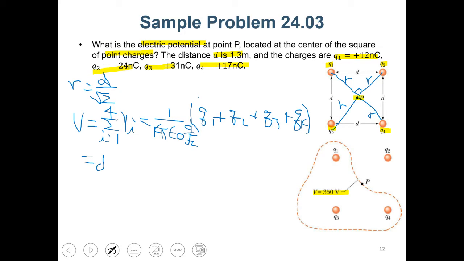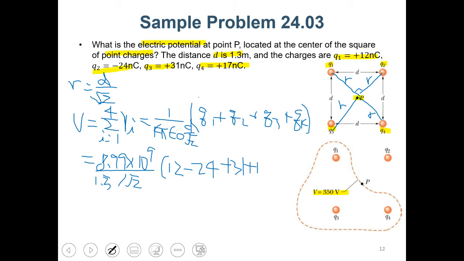So this is 8.99 times 10 to the 9th power, and then divided by D. What is D? It is 1.3 over square root of 2, and then this one is 12. Q2 is negative 24. Q3 is 31.